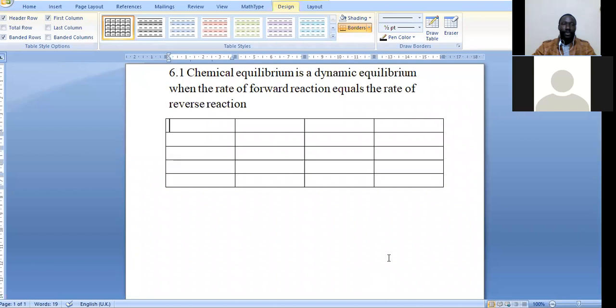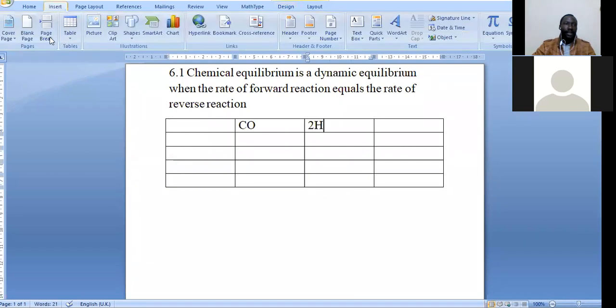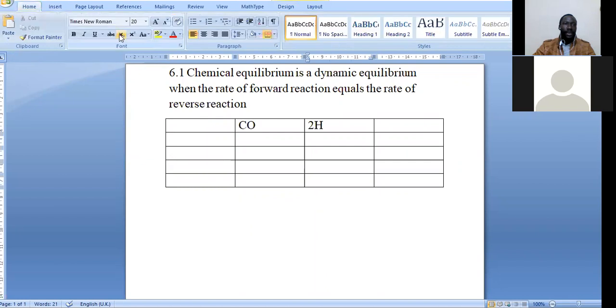So we'll be having here CO, then we'll be having here hydrogen, then after that we'll be having methanol. I just wanted to put a subscript.